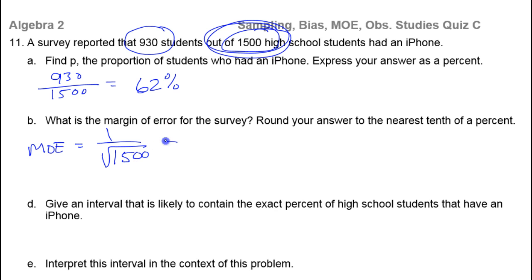Okay? Give me the decimal first, if you do you have 0.0258? Okay, which translates into, and it says nearest tenth, so that's 2 point, and we'll round it, like you said, 2.6%. Any questions on that? Do you understand why I picked the 1,500, not the 930?